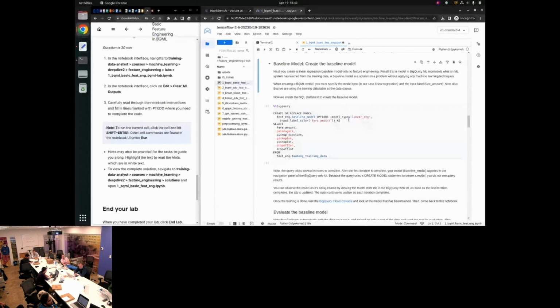The type of it is linear regression. It tries to predict the fare amount, and it takes fare amount, passenger count, pickup date time, pickup longitude and latitude, drop-off longitude and latitude from the data set that we introduced initially, and we call it feature training data.